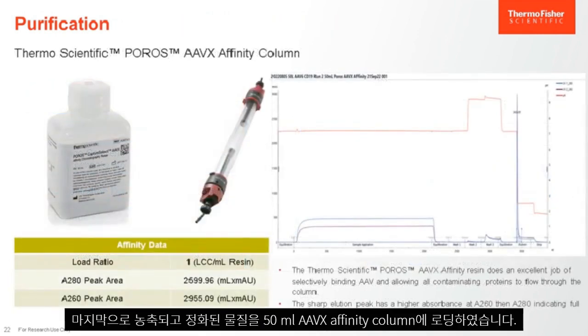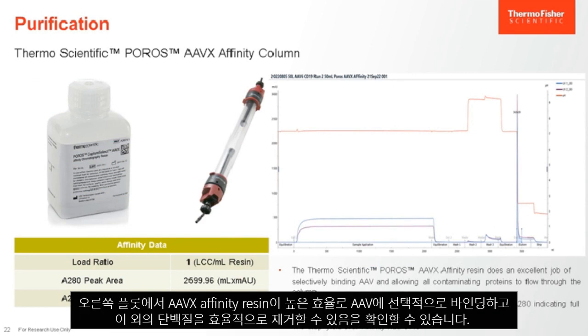And then lastly, that concentrated and clarified material was loaded onto our 50 ml AAVX affinity column. And what you can see on the plot to the right is that the AAVX affinity resin does an excellent job of selectively binding AAV and allowing all of the contaminating proteins to flow through the column.